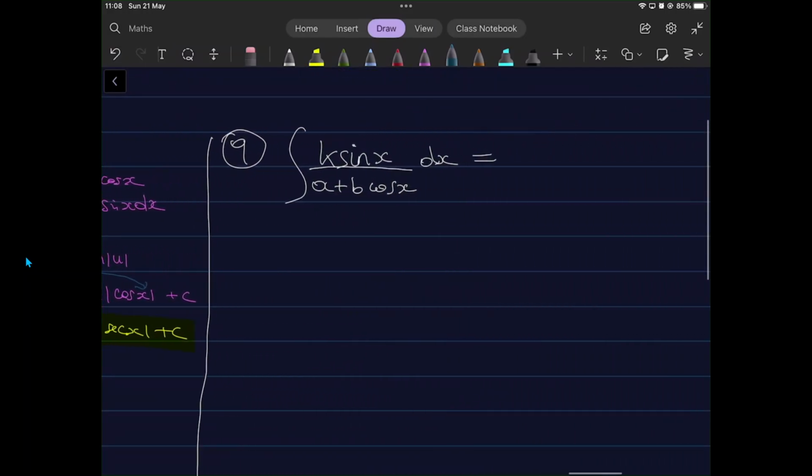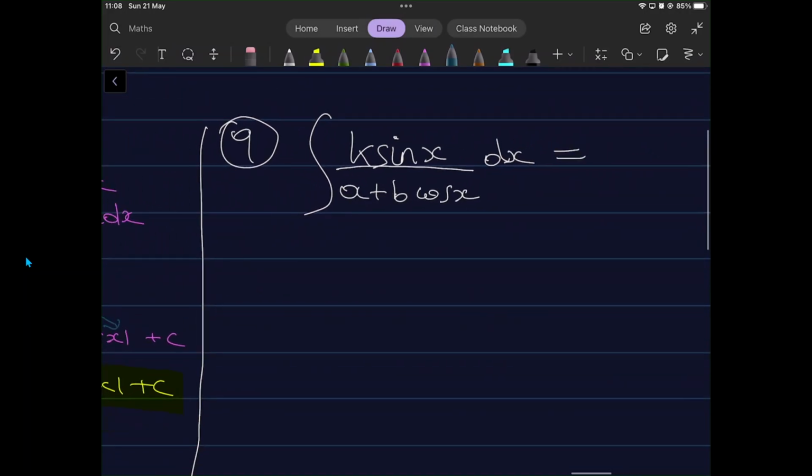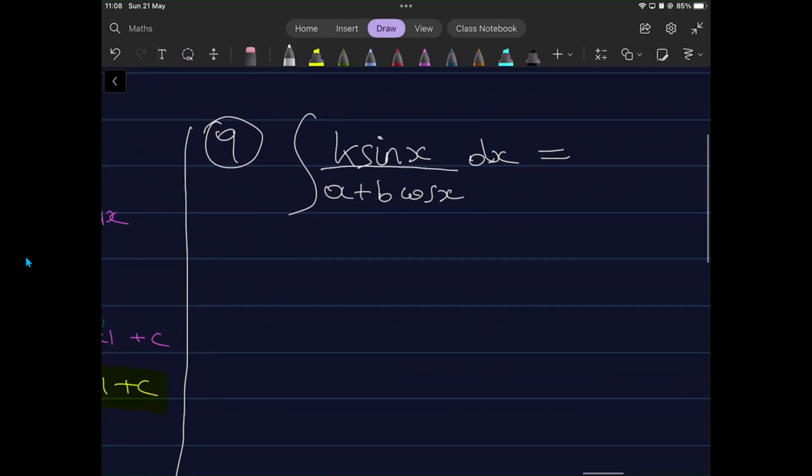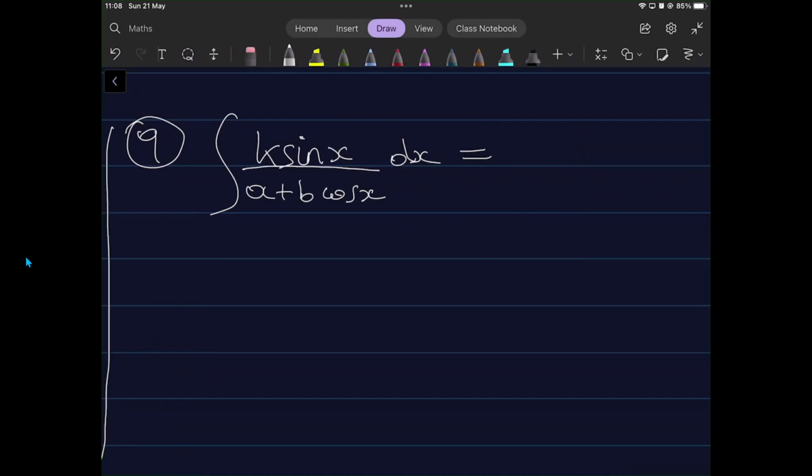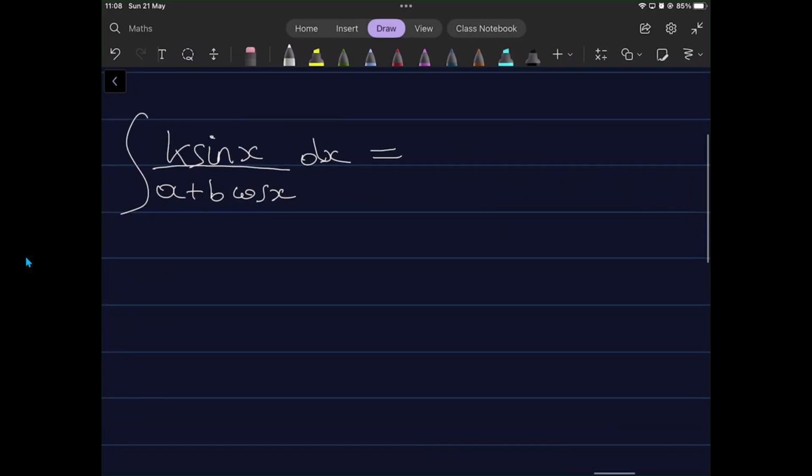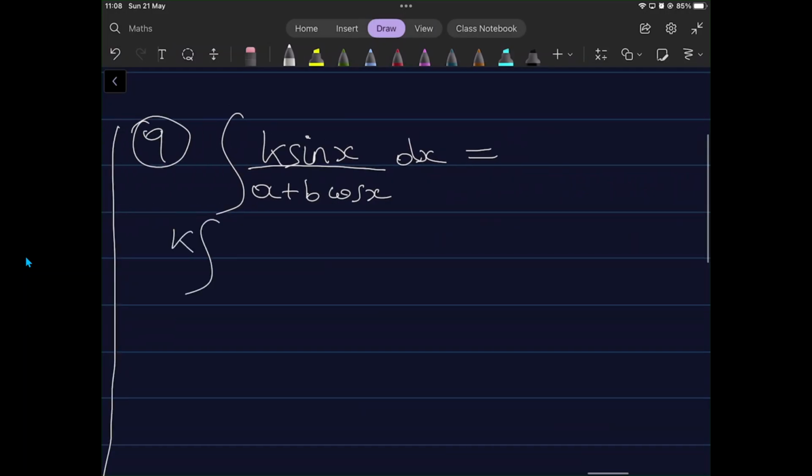Okay, question 9. The integral of k sine of x all over a plus b cosine of x. That's a little bit awkward because these constants are weird. Let's just take k to the outside of the integral. So this integral just becomes k lots of the integral of sine x over a plus b cosine of x with respect to x.